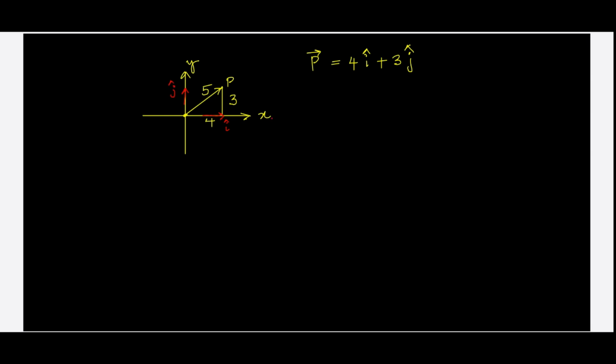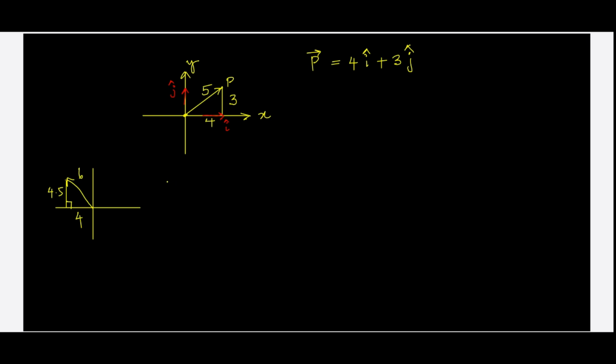Now if your vector is in the second quadrant, let's say it is six units here and 4 units here, then this will be something like 4.5, a right angle triangle.